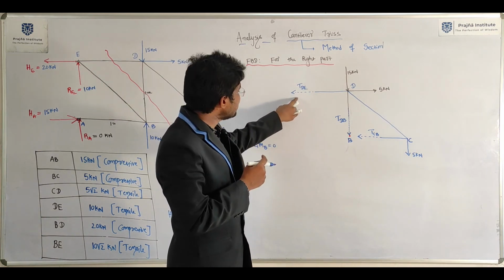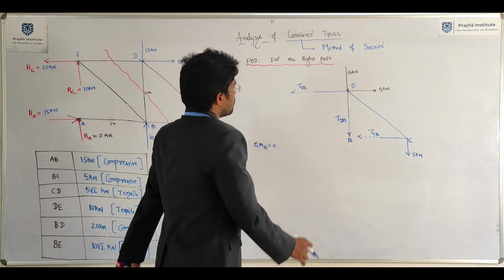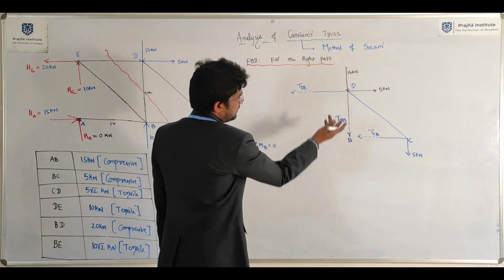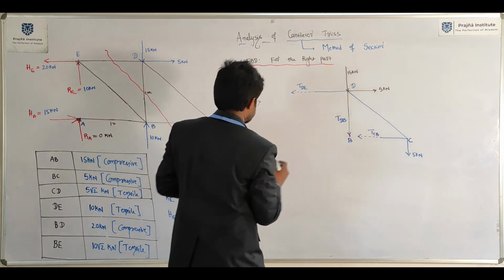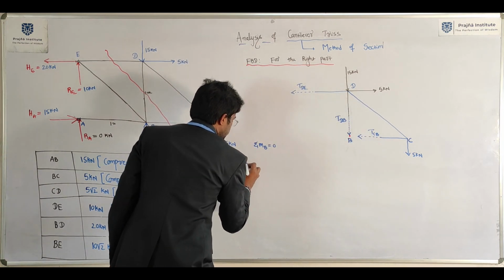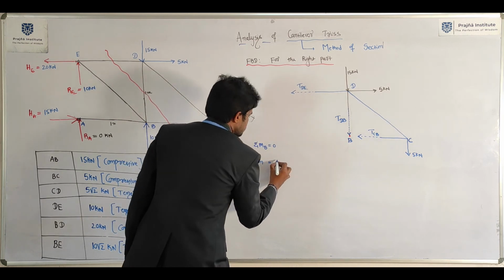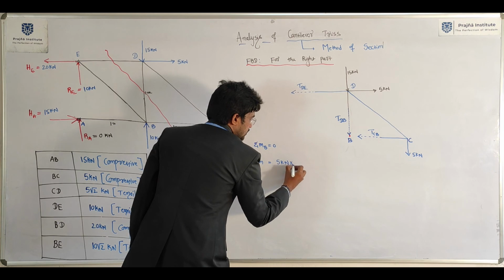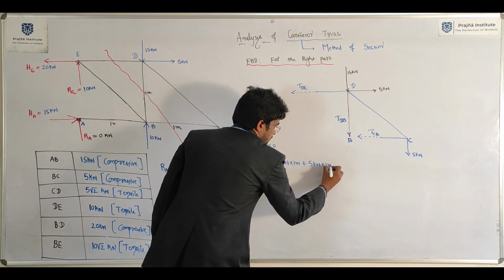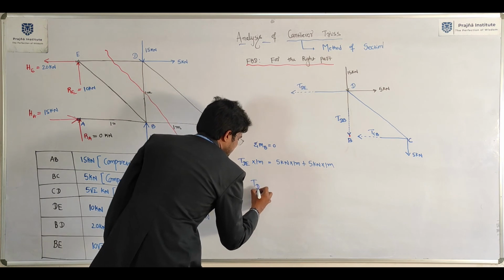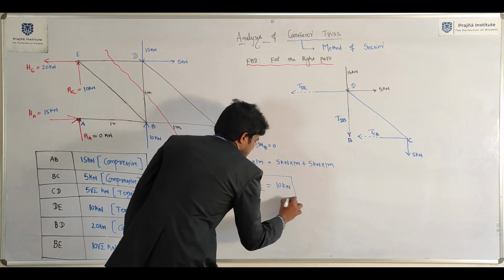You will directly get TDE by applying moment about B. Tell me: the moment of this force about this point is anti-clockwise, this will become 0. TDE into 1 meter is clockwise, 5 kilonewton into 1 meter. So finally TDE equals 10 kilonewton tensile.